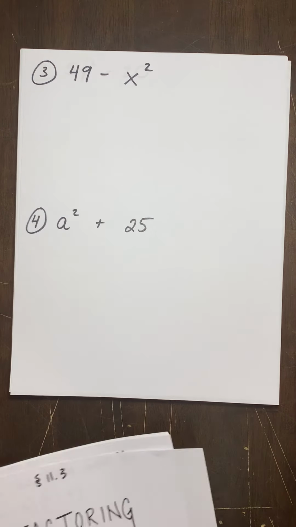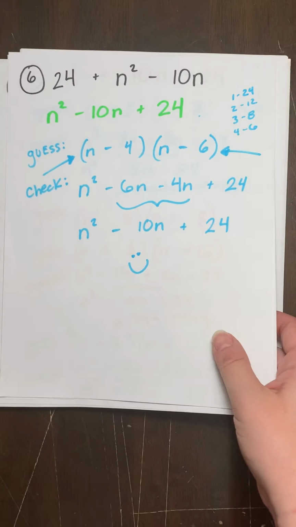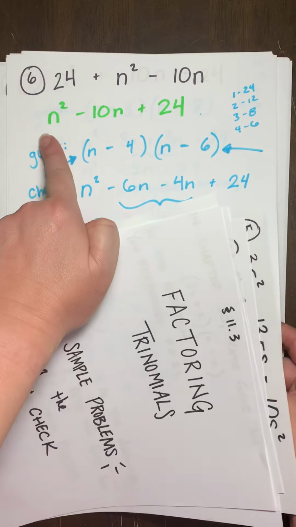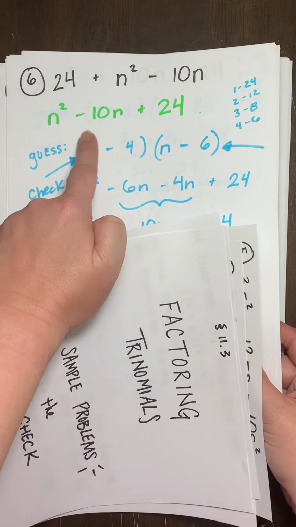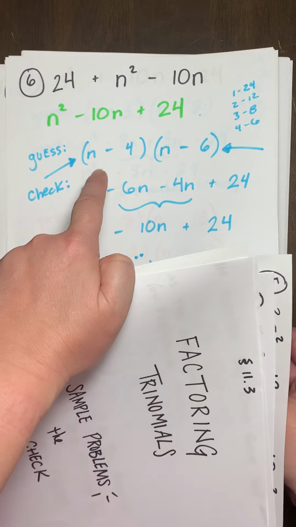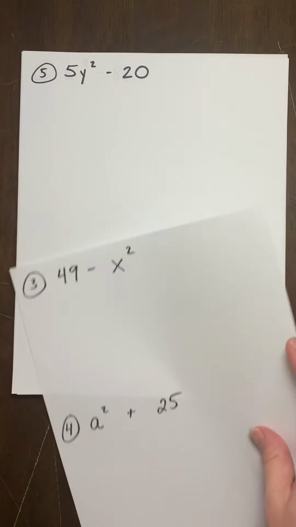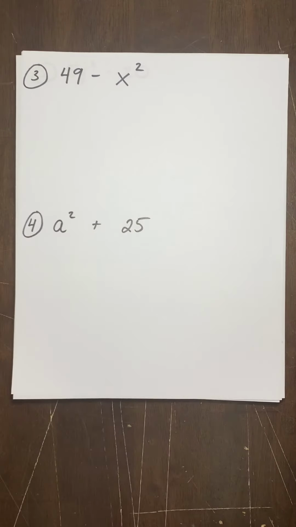Do you remember this back in 11.3? You were given 24 plus n squared minus, and you had to rearrange it, make it n squared first. You had to put that in descending order. Descending order is only for trinomials. Number 3, do not rearrange it. It's okay. That is not descending order, but that's okay. Leave it like that. Just dive on in.